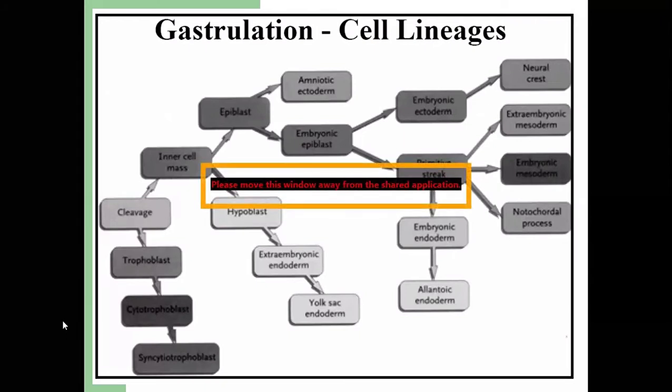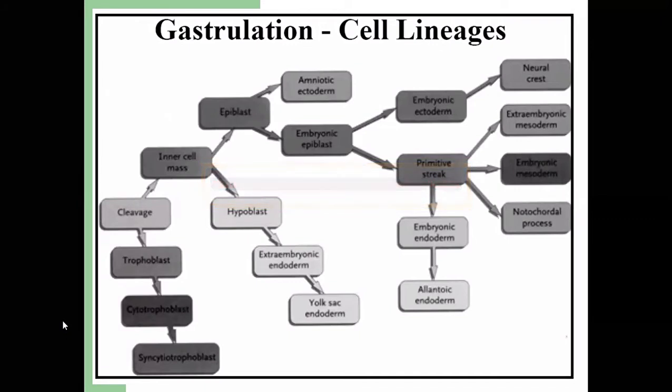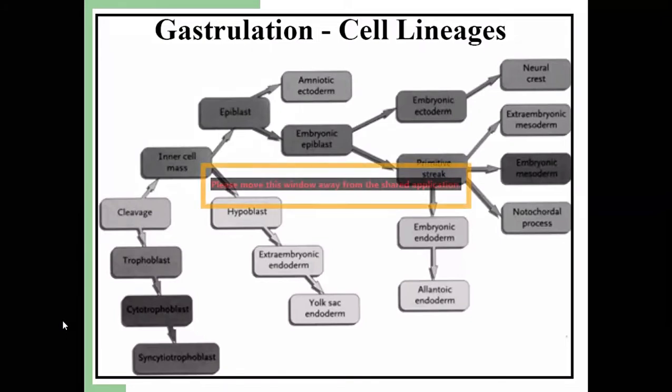Ectoderm. Example, Doc, is sweat glands, skin. So the skin, yes, that is ectoderm. And what other organs aside from the skin? Sensory organs, mammary glands. The central.